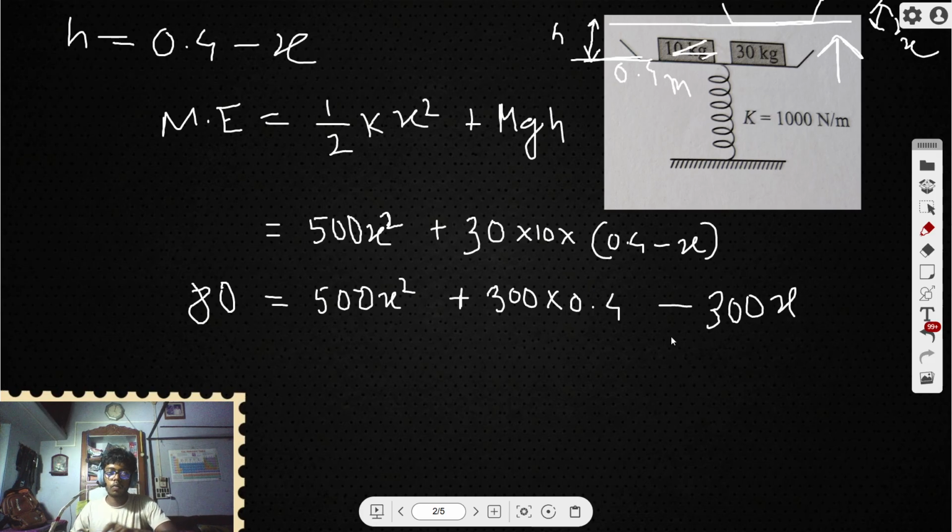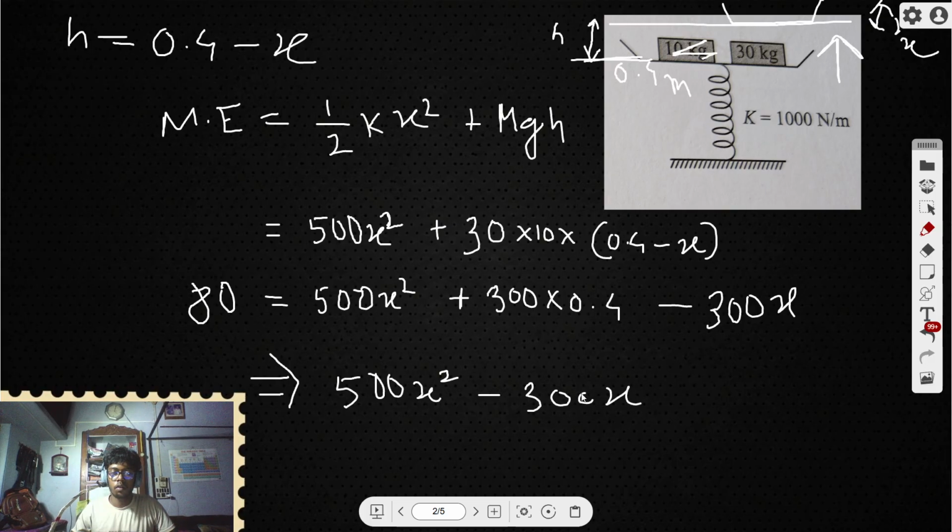If we calculate this quadratic, the total will be 500 x square minus 300 x, and 300 into 0.4 is 120, and 120 minus 80 will be plus 40, equal to 0.